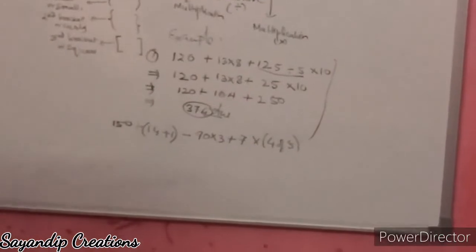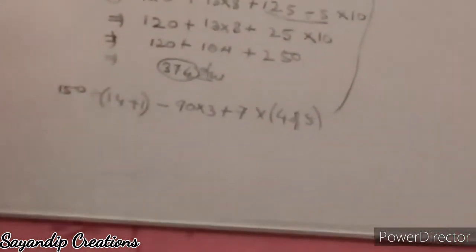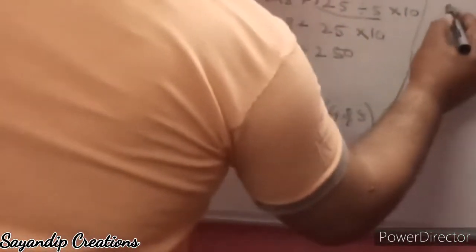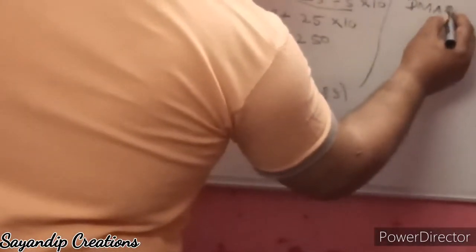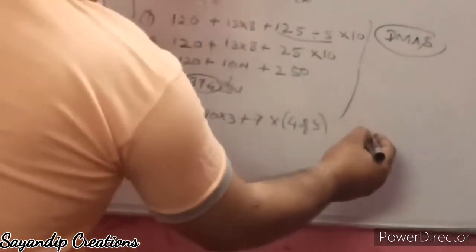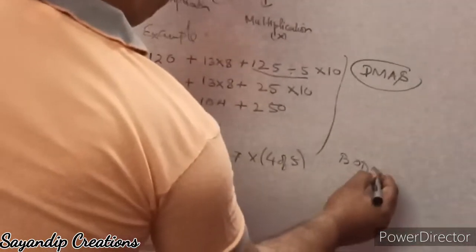Okay, this is the question. Now here BODMAS will come. Up to DMAS rule it was used. Now we will use here the BODMAS rule.